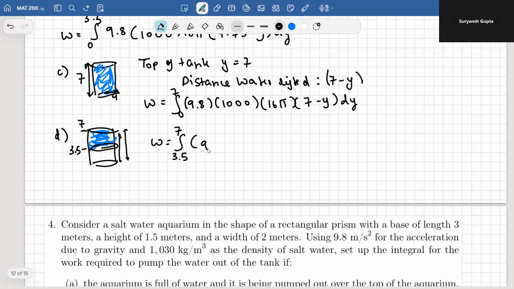Inside the integral, we have the gravitational acceleration, density, the area of cross section multiplied by the distance lifted. Like I said, the distance lifted is still the same, but our integration only accounts for the top half, dy. And this is the final work expression for part D.